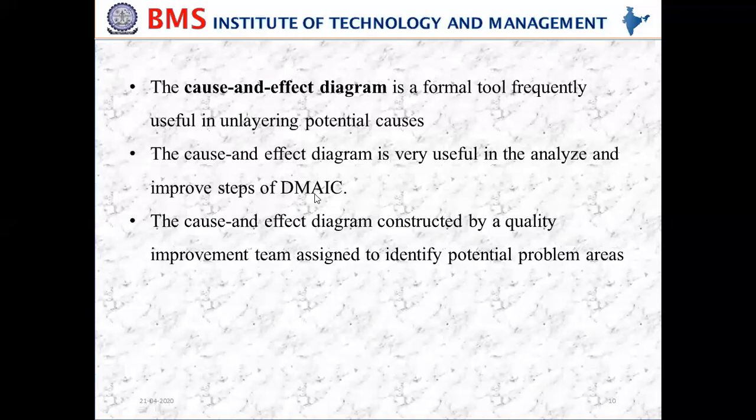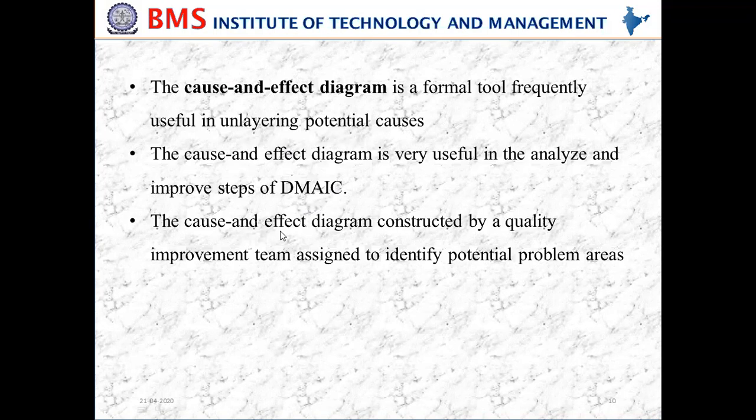In measure and analyze, we use the Pareto chart, and check sheets can also be used in the measure phase. These are some of the statistical tools used in the Six Sigma methodology. So in the analyze and improve phases, the cause and effect diagram will be helpful.